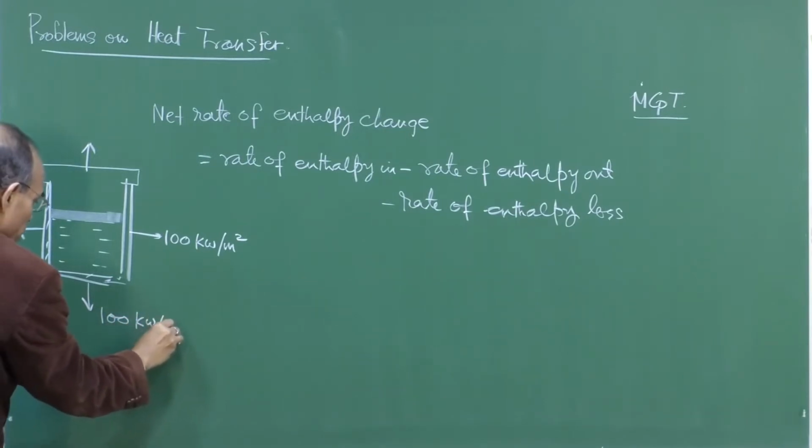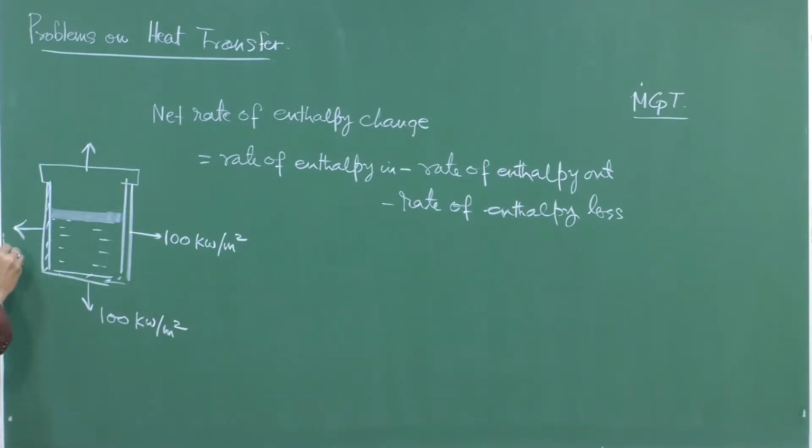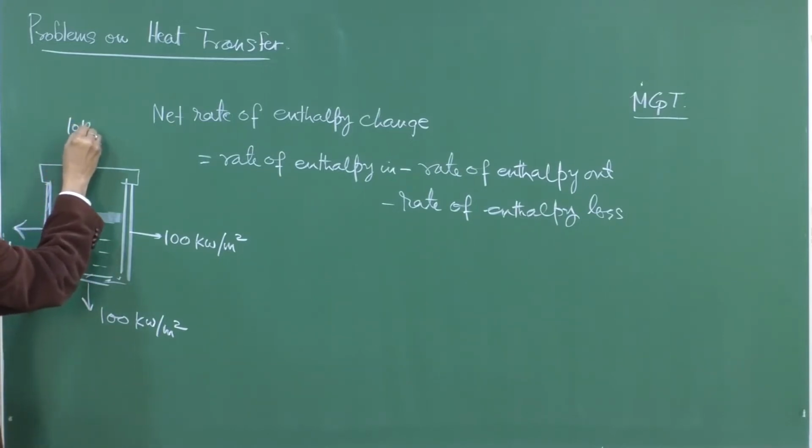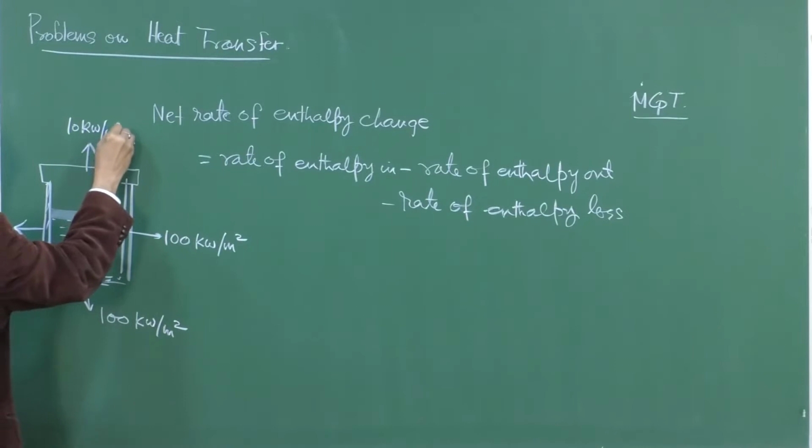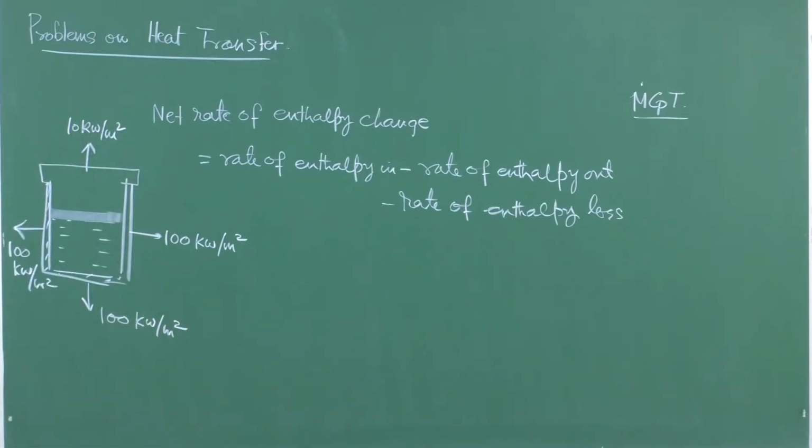in kilowatt per meter square from the side and bottom surfaces, and then we have a significantly lesser amount of heat being lost from the top surface, because there is a slag cover and there is a physical cover. So, it is about 10 kilowatt per meter square.